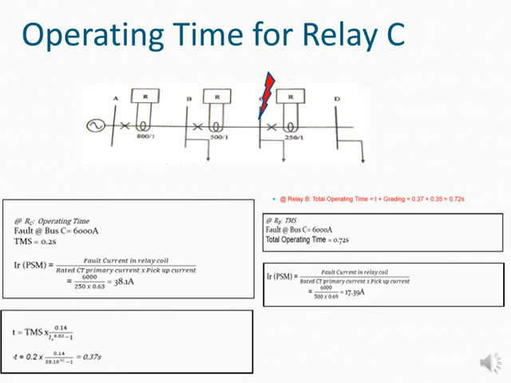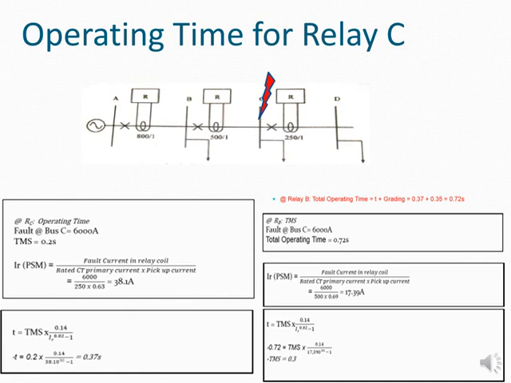Looking at that fault level, I divide by the 5,000, I multiply it by the 0.69, which was my pickup current that I got for my relay B. I get the IR is 17 point that, and then I can put it into that formula of T is equal to TMS times 1.014 over IR to the 0.02 minus 1, and I can work out then what my TMS is, and I get 0.3 in this case.